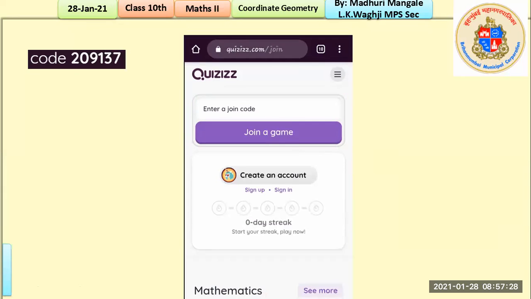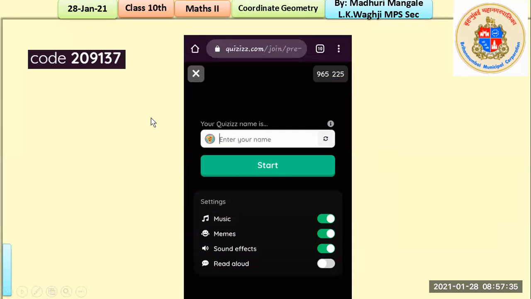Enter this code and click on join a game. Once you click join a game, it will ask for your name. Enter your name with your school name. Why am I insisting on the school name? Because when we generate the result, we will get to know the school name also, so that in case you are giving certificates, it can be easily sent to you. So please mention your school name also.